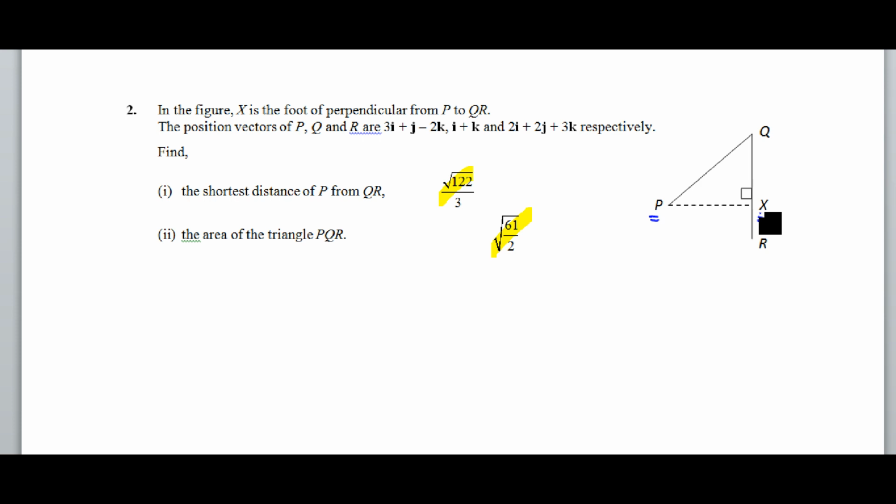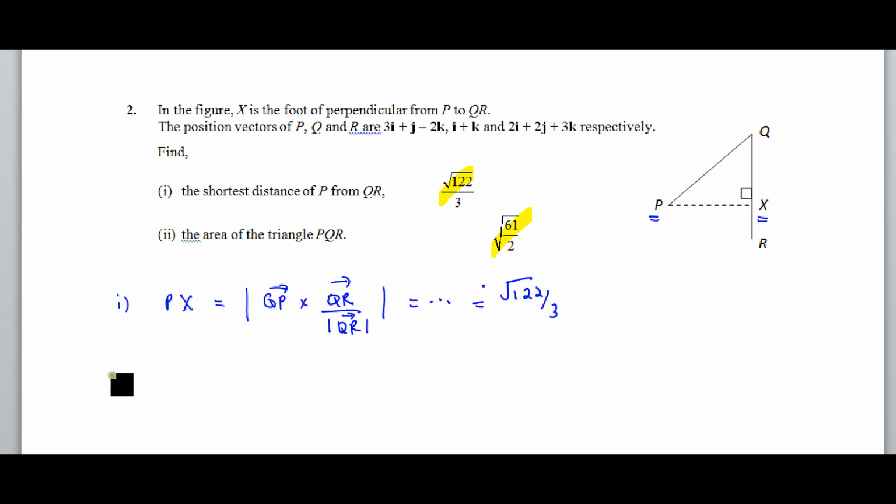You should be able to tell me PX, this is part 1, is actually mod of QP cross QR over mod QR. Okay? This one, go and refer to your lecture notes. You should be able to get your answer. Square root 122 over 3.